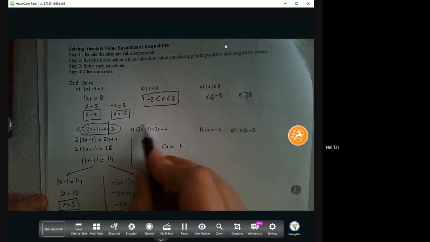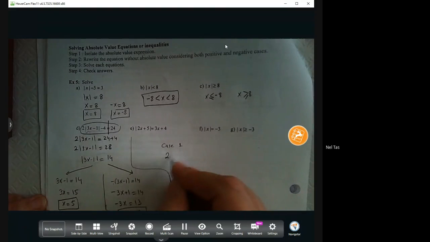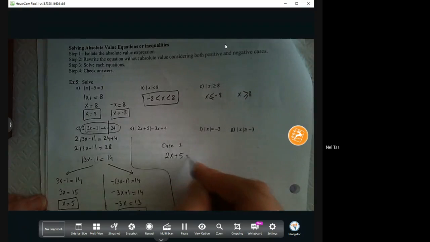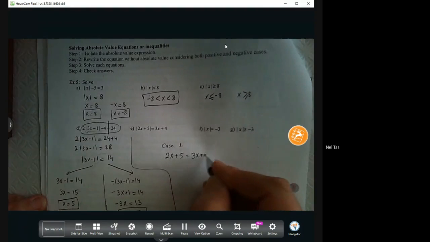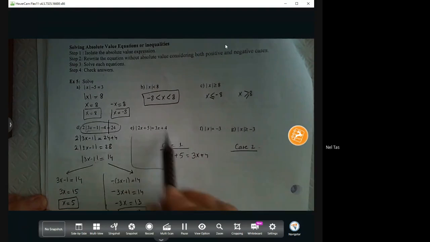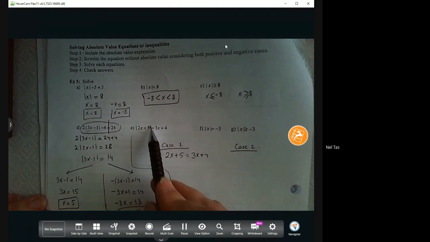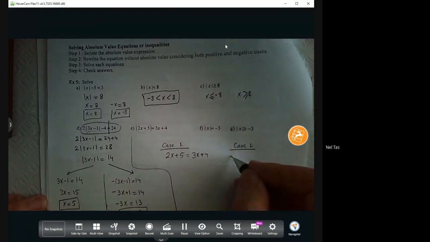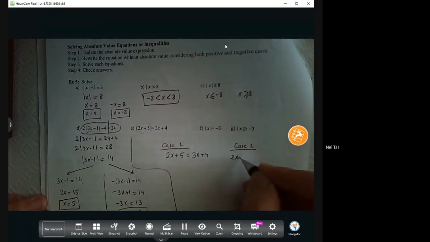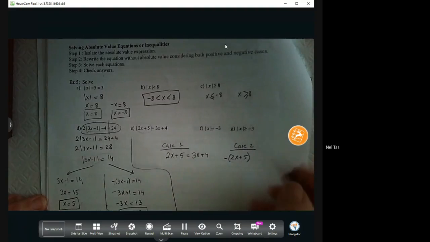So we take the positive case. So whatever you see inside, take it as it is. 2x plus 5. And case 2. Okay, so take what you see inside the absolute value expression and multiply it by a negative sign. Make sure you use brackets as you do that.